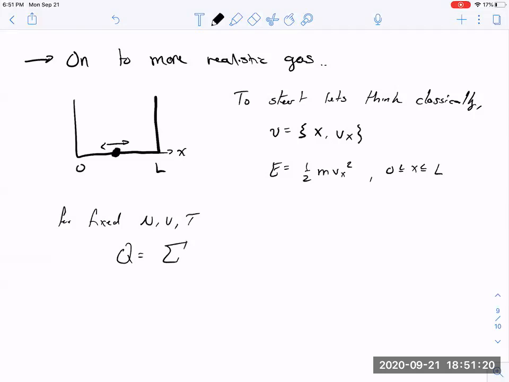But now the microstates are x and vx, which gets a little awkward. Because now that sum has an infinite number of terms. There's an infinite number of places on the line I could put that particle. And the partition function being infinite is not so useful of an answer.